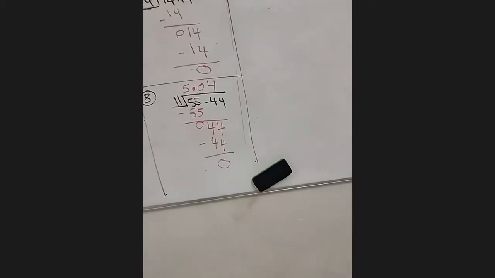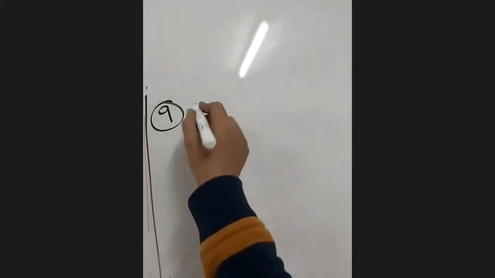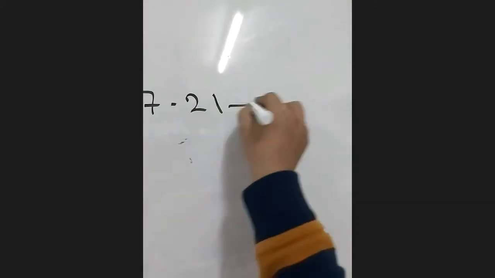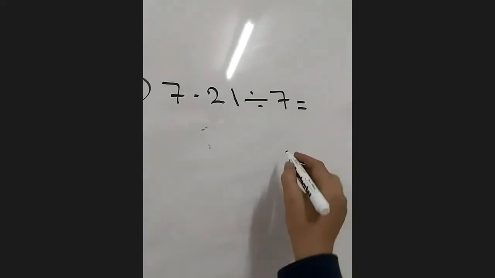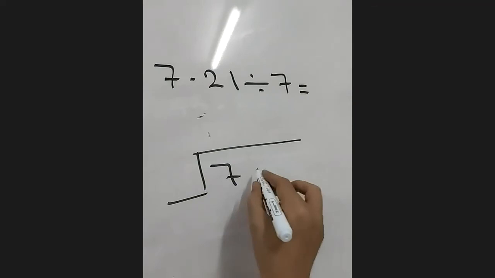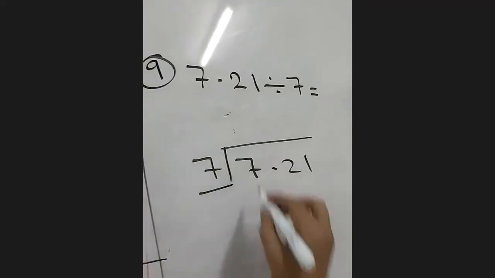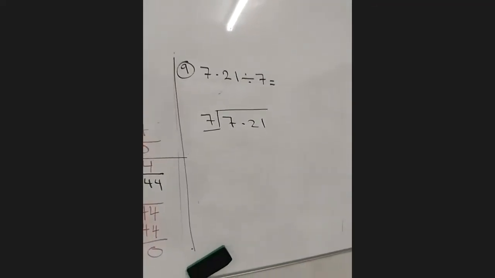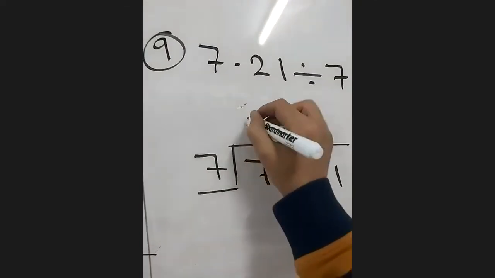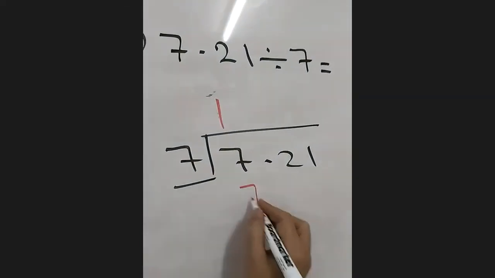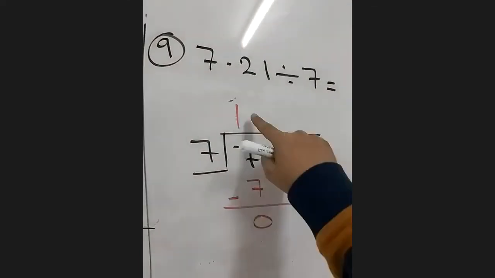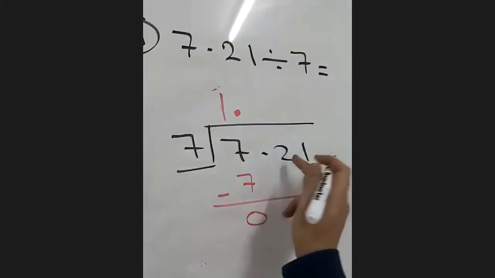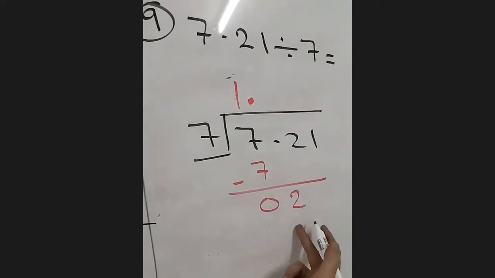So 7.21 divided by 7. I will make my long division normally. 7 divided by 7 is 1. 1 multiply 7 is 7. Subtract: 0. Now I have my decimal. We put it up and get the 2 down.